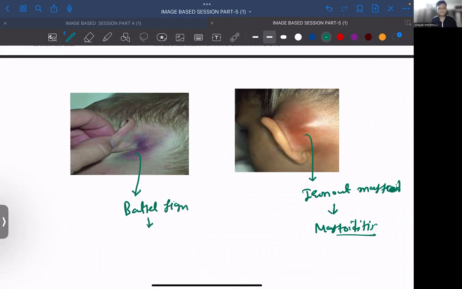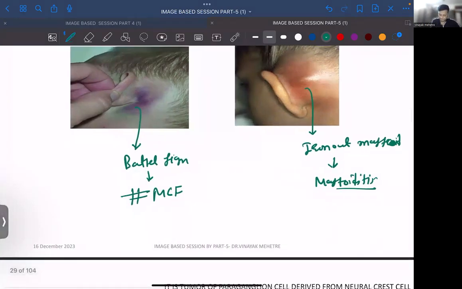It is seen in middle cranial fossa fracture. Anterior, middle, posterior cranial fossa. In the middle cranial fossa, which bone fracture will it be? That is temporal bone. Temporal bone fracture. Yes, correct.